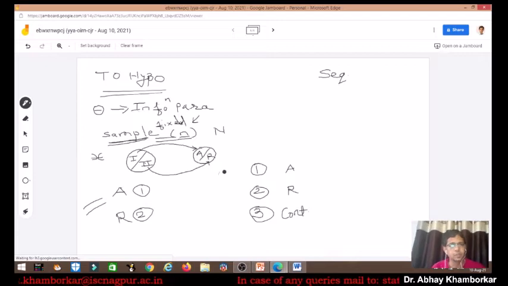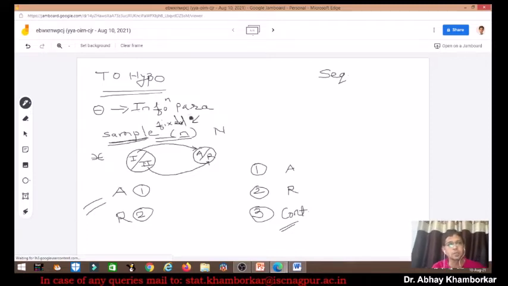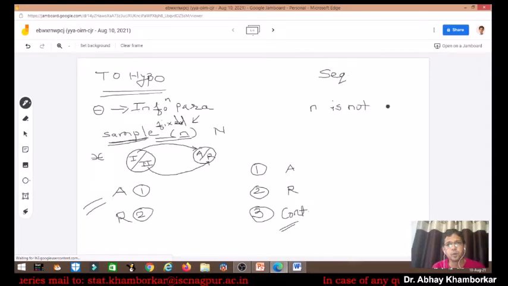Understand the decision difference between the two. In sequential testing, at every stage we are going to either accept the hypothesis, reject the hypothesis, or continue the sampling procedure. Now if sampling continues, the sample size cannot be fixed, and therefore n is not fixed as far as sequential testing is concerned.